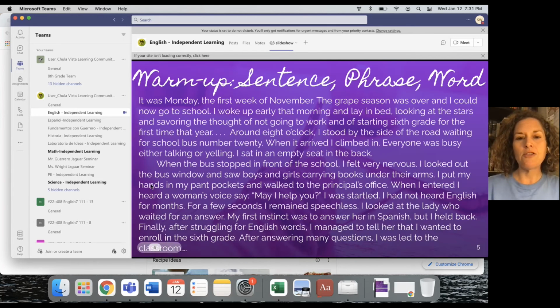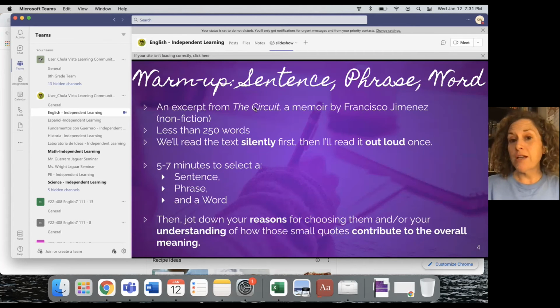I will read this aloud to you. And again, this is from The Circuit. That's a memoir by Francisco Jimenez. What is a memoir? A memoir is a book that's a story, okay, a narrative, but it's from real life, somebody telling a story from their real life. The difference between an autobiography and a memoir is that a memoir is usually shorter, and generally focuses on just a certain period in someone's life.